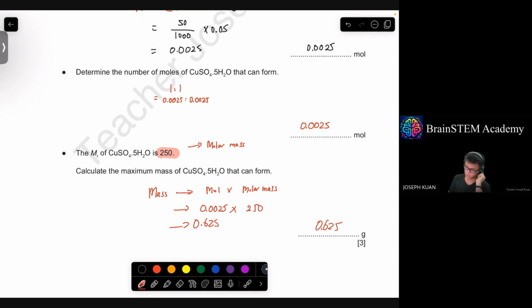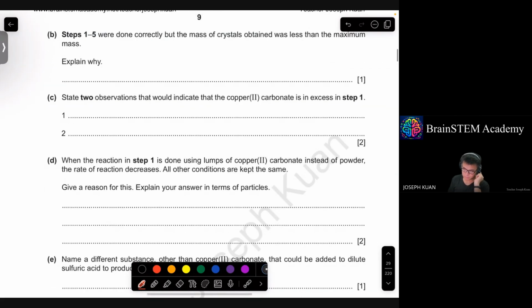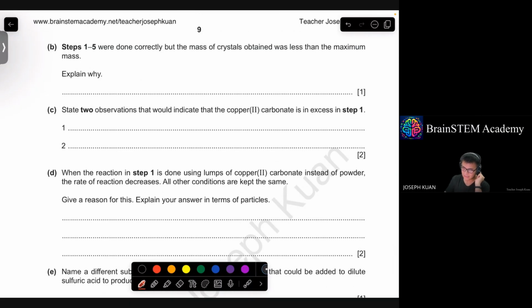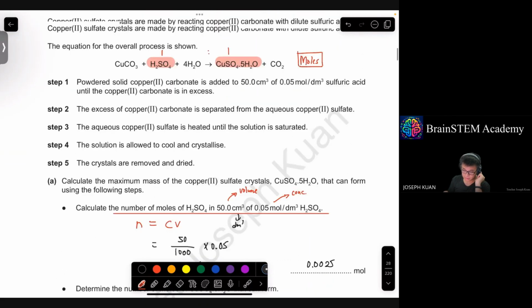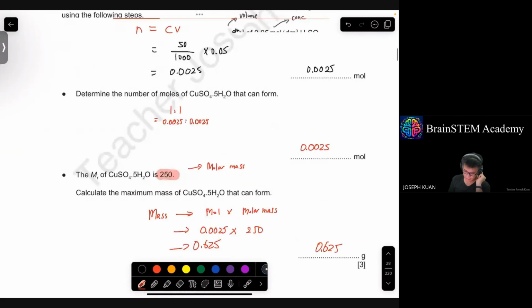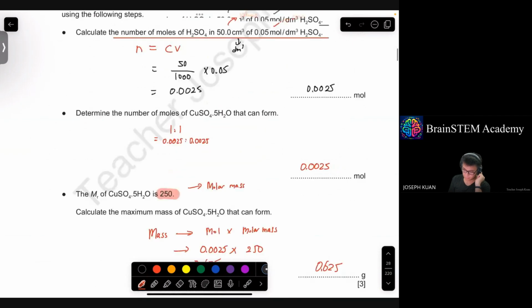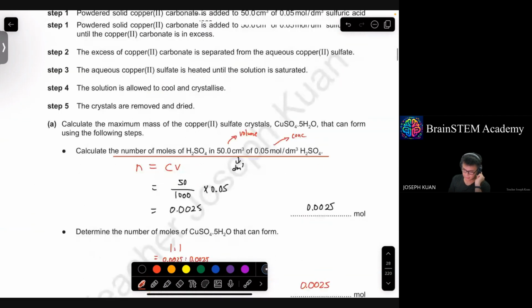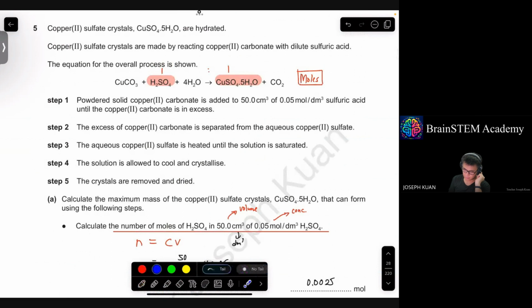All right. Moving on to the next question. Steps 1 to 5 were done correctly, but the mass of crystals obtained was less than the maximum mass. Explain why. This whole process is crystallization, and the theoretical and the practical versions are two different stories.